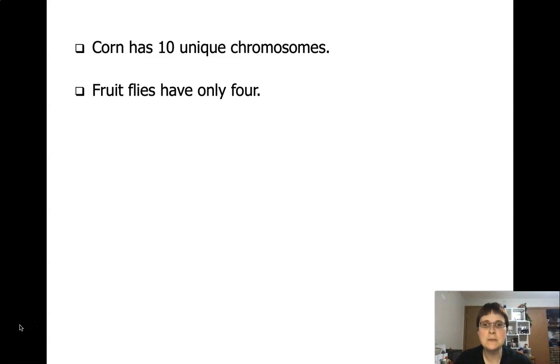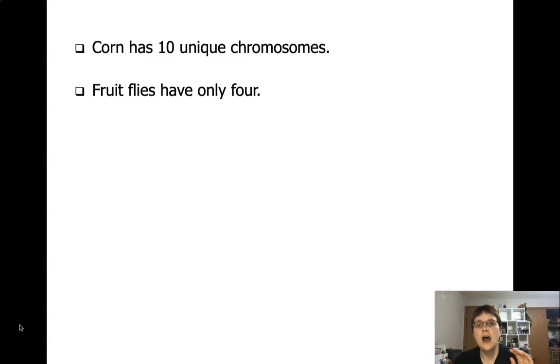So it actually doesn't make any difference how big your genome is. And we'll look at here in a little bit the difference between the total size of the genome between, say, fruit flies and humans. The size doesn't matter as much as how much information is actually there that can be used.